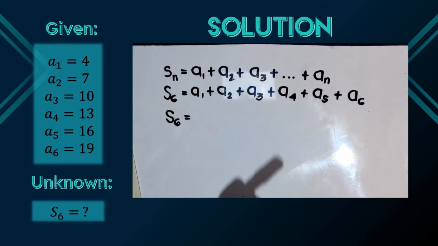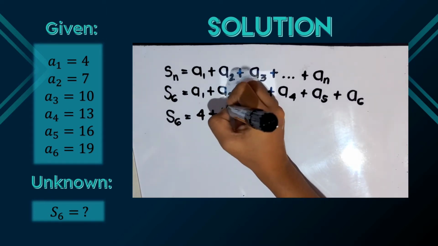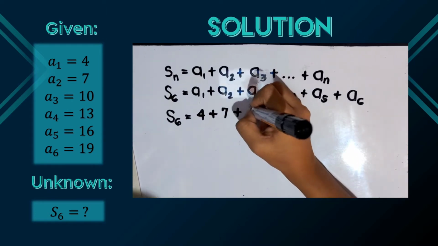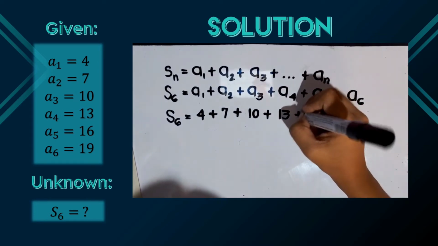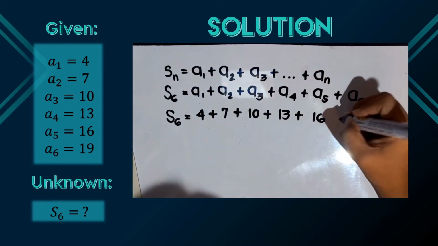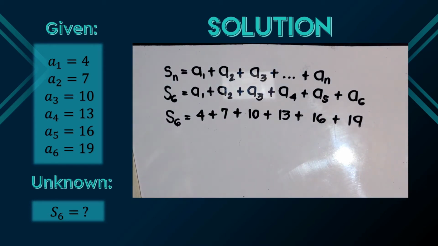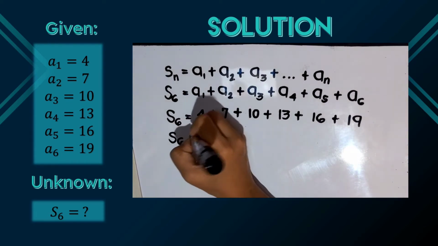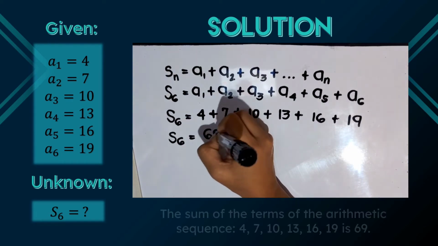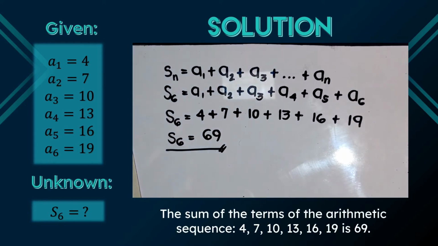And by substitution, we have S sub 6 is equal to 4 plus 7 plus 10 plus 13 plus 16 plus 19. And by adding, we will have S sub 6 is equal to 69.